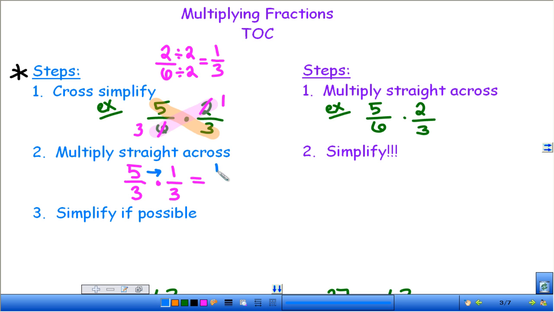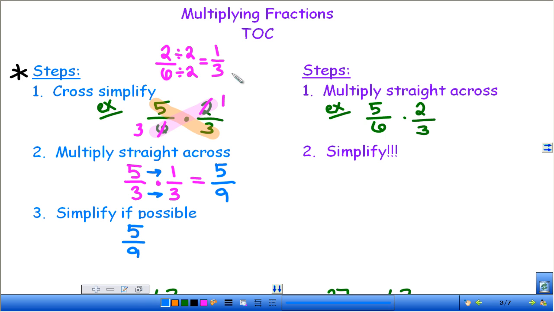So 5 times 1 is 5, and we multiply our denominators. 3 times 3 is 9. So our answer right now is 5/9. And if you can simplify this, then you need to do so. If you've cross-reduced and you've done everything you can for cross-reducing here, then you're not going to have to do step 3. It's already going to be simplified.